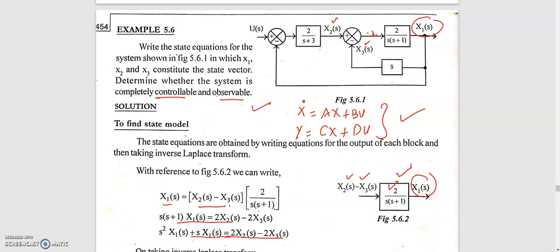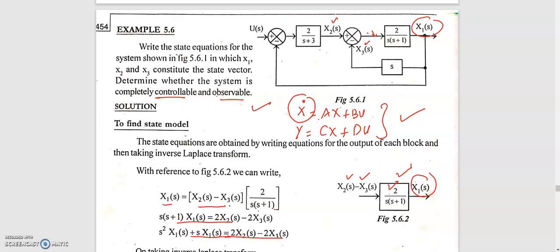Now what I need is to write down the equation for x dot equal to Ax plus Bu, so I should get the derivative terms here. Here I have s square into x1 of s and s into x1 of s.